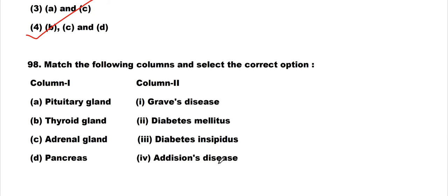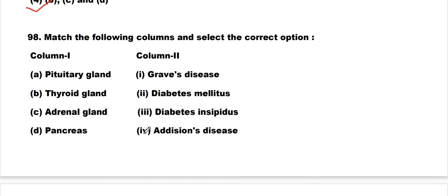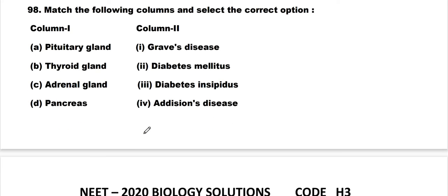Question number 98. Matching. So pituitary gland is the master gland. The pituitary gland or master gland is suitable for diabetes insipidus, ADH. Thyroid gland deficiency causes Graves' disease.